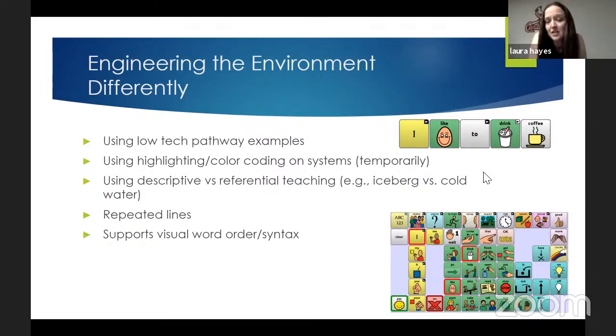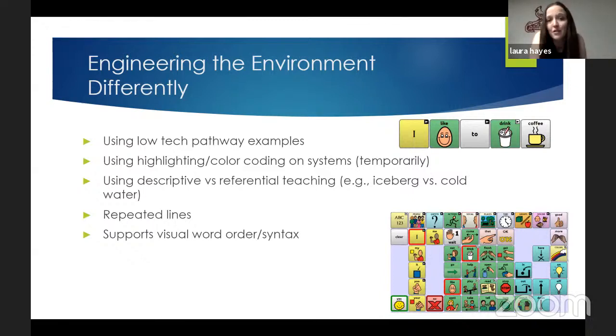If you have editing software and the ability to make visual representations to match your students, whether it be Unity, Symbol Sticks, Board Maker, whatever that visual representation is, having low-tech pathway examples, modeling those throughout, and making it visual throughout the environment is really, really important.